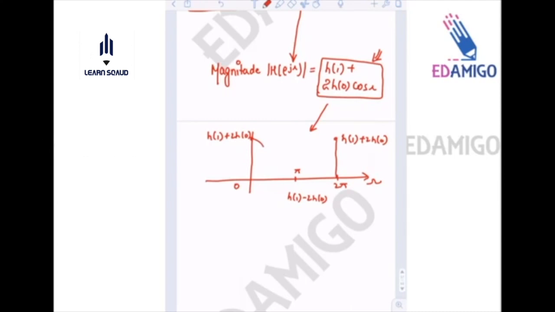So the plot will be something like this. So it will be symmetric about π. So the magnitude plot will be symmetric about π.